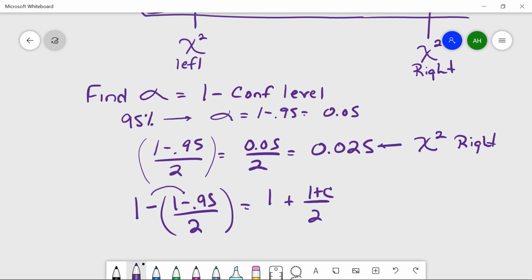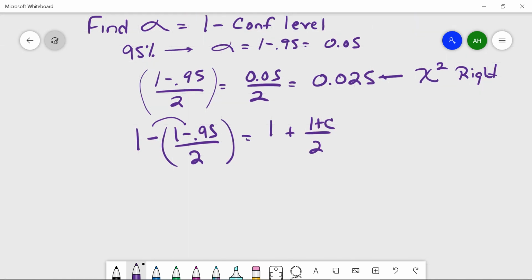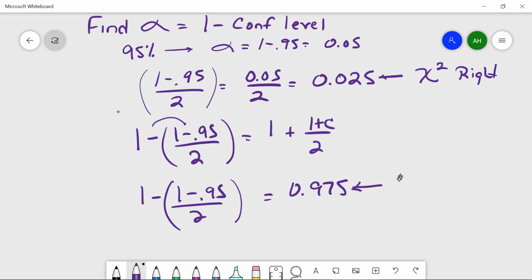It winds up being the same amount either way you do it. So from my left, I do 1 minus 0.95 over 2, which comes out to 0.975, and that is going to be my chi left.